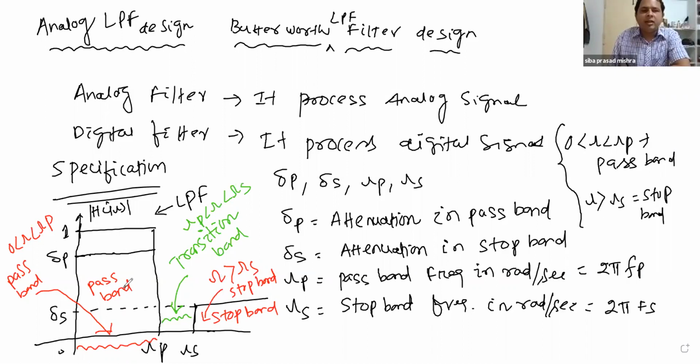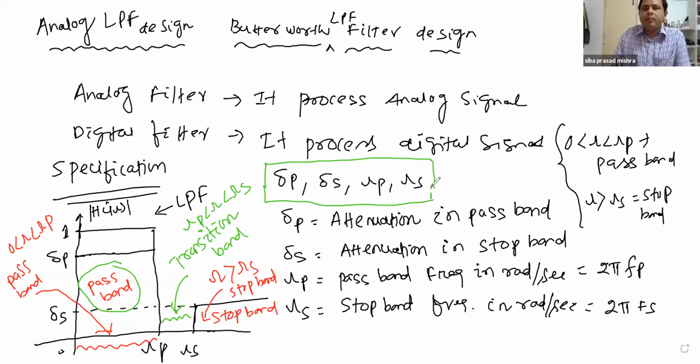In case of ideal, you only get passband and stop band. But in case of practical, you get 3 regions: passband, stop band, and transition band. These are very, very important because these are the specifications. We have to take these specifications. Clear? Now we'll go for design.